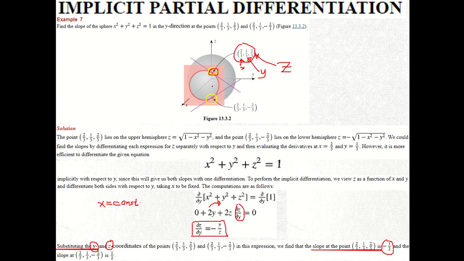If you look at the line that is sloping downward to the right, it means this is negative 1/2, so that confirms our result. And if you look at the slope for the other point, after substituting the values of y and z for these coordinates, this is for x, this is for y, and this is for z.